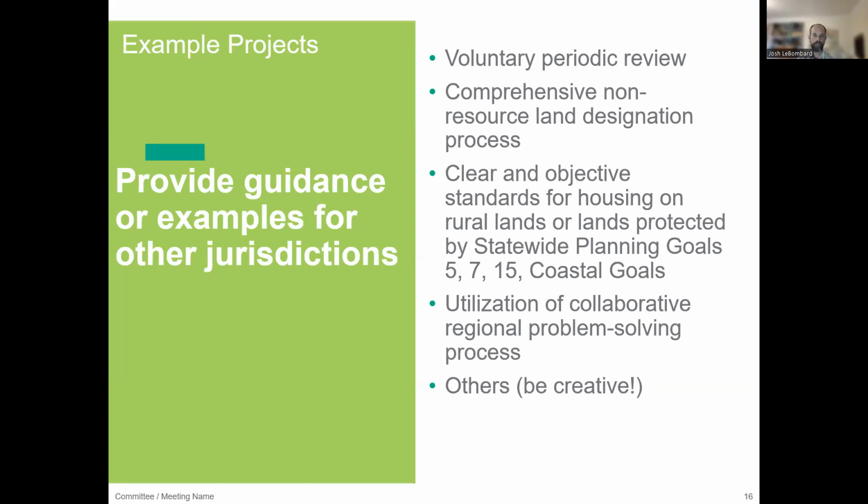We're really hoping to garner a little bit more support for that, because it has translated into a successful project, at least in one region of the state, and we think it could serve as a template for others as well. And then, there are a lot of ways for folks to be creative. These are just examples.